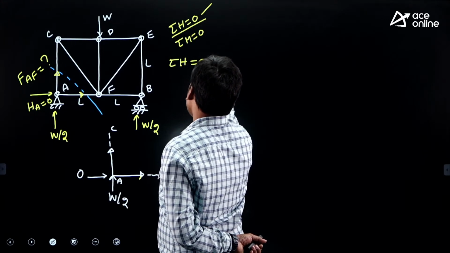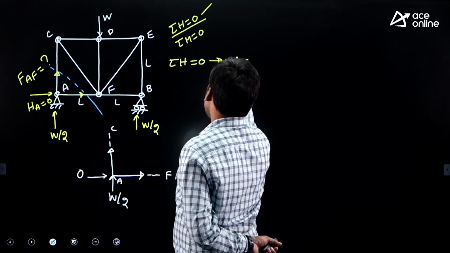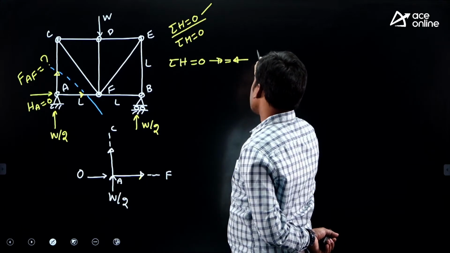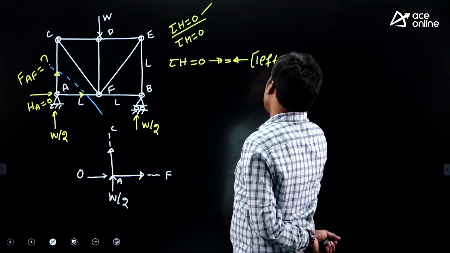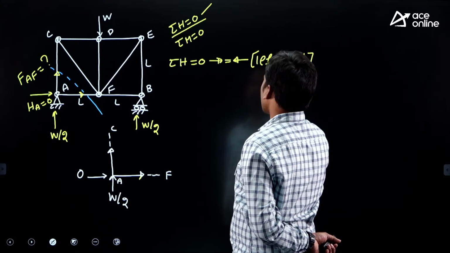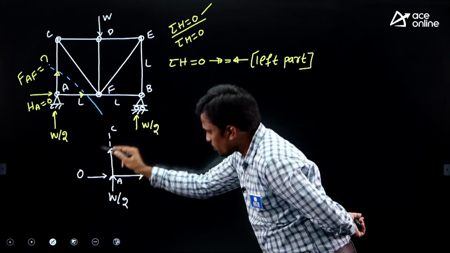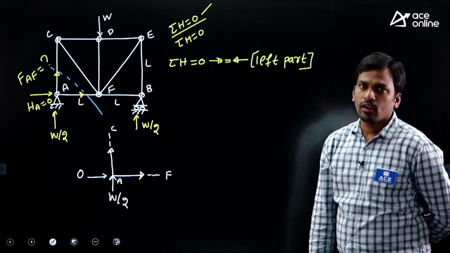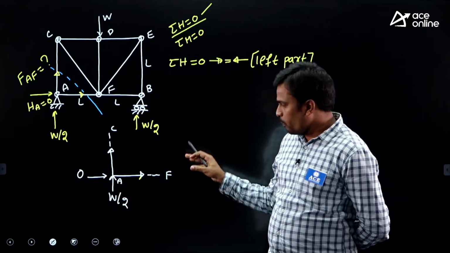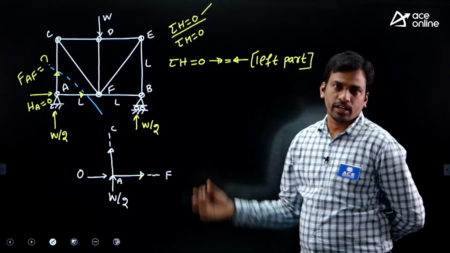That is, all the right forces equal all the left forces. We are doing analysis only for the left part of the structure, so don't consider the forces in the right part. We are balancing only the left part. You can balance a portion of the structure or the complete structure.